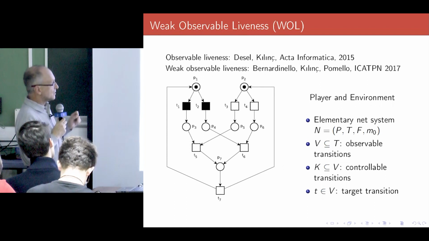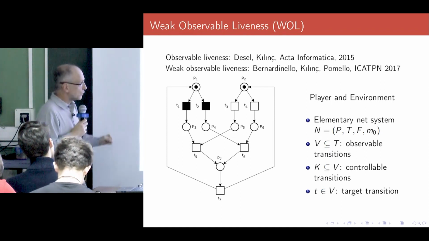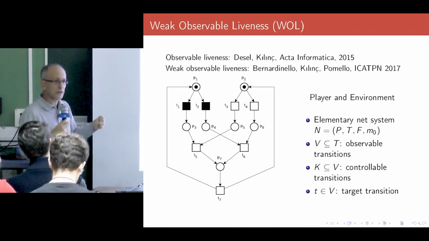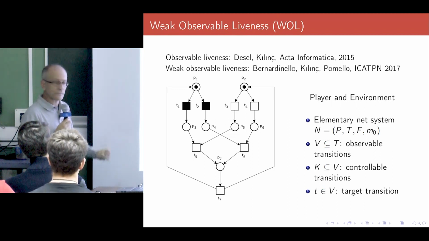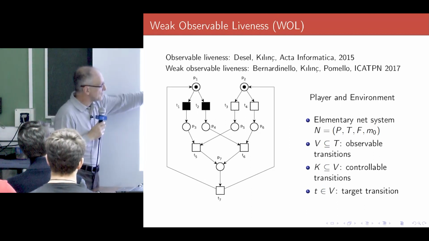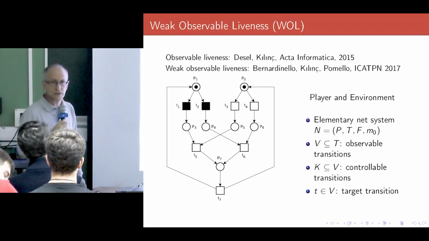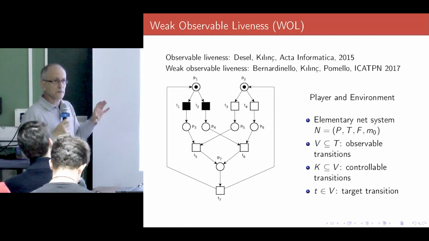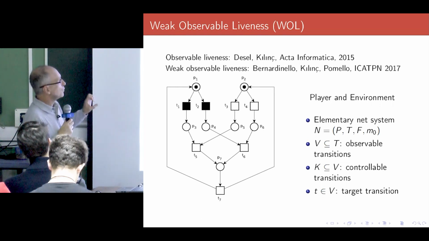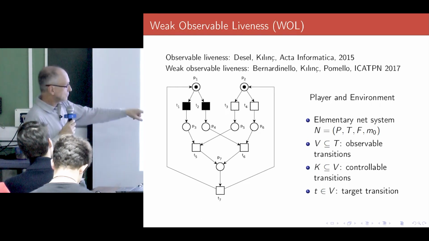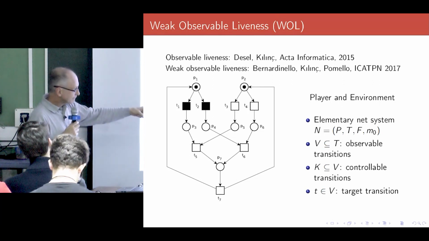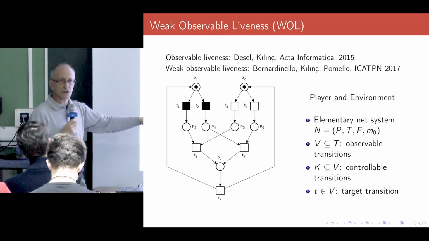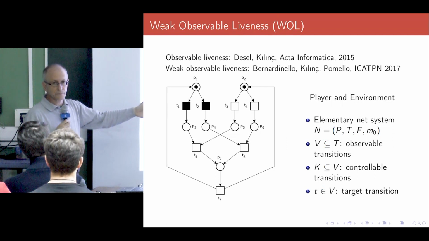Then we are interested in the following problem. We choose a transition and call it the target transition. For instance, suppose that in this example we choose T7 as the target transition. And we declare that the goal of the player is to be able to fire this transition in the future.